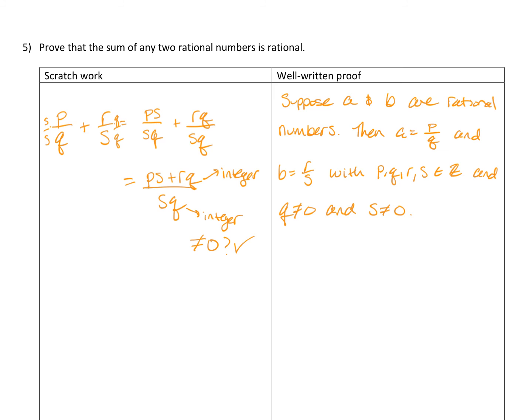Okay, so if A and B are rational, then they can be written as a ratio of integers with the denominators not zero. Thus, A plus B equals P over Q plus R over S equals PS plus RQ over QS.